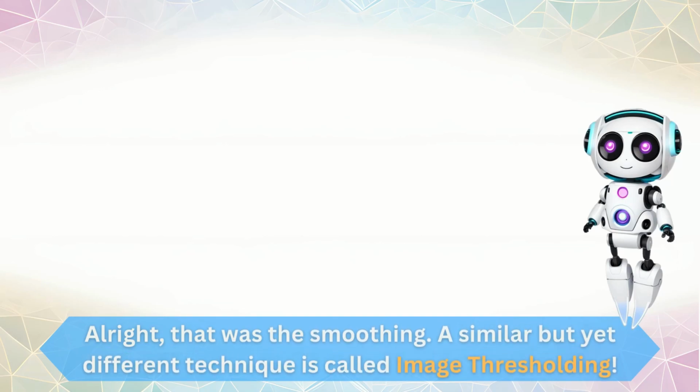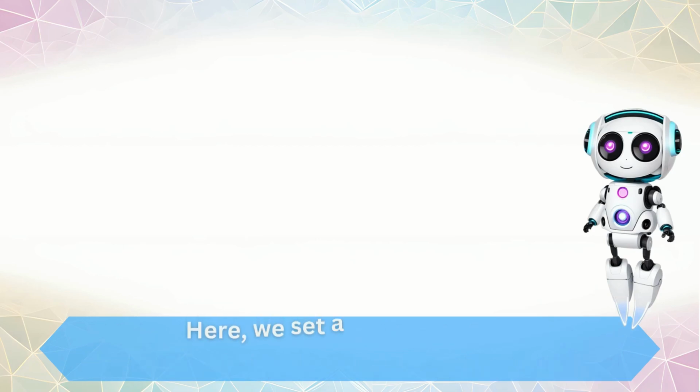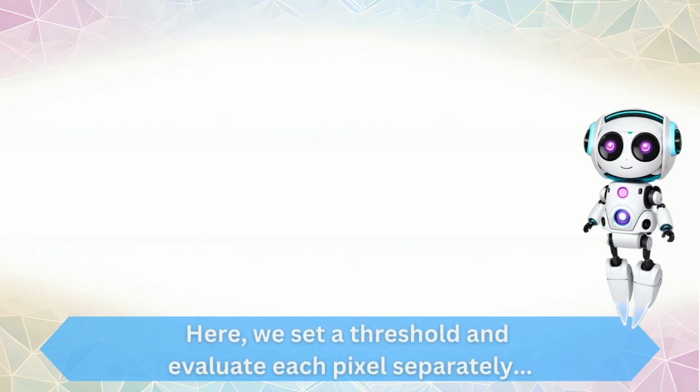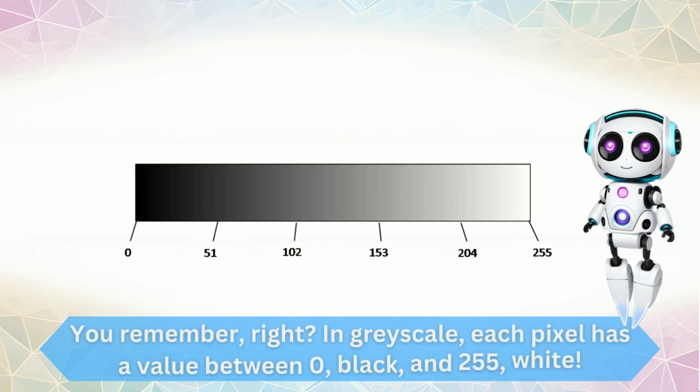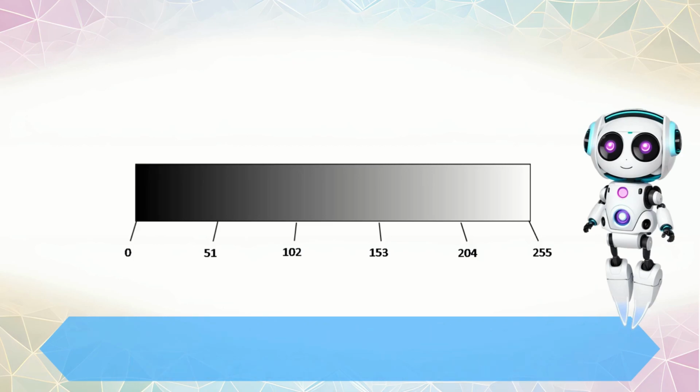A similar but yet different technique is called image thresholding. Here we set a threshold and evaluate each pixel separately. You remember, right? In grayscale, each pixel has a value between 0, black, and 255, white.